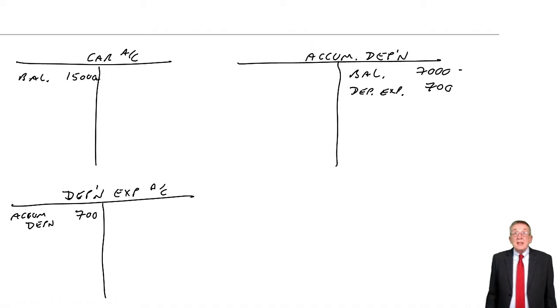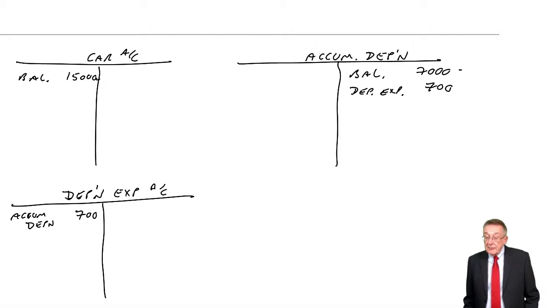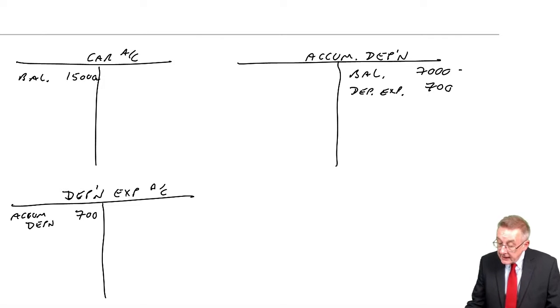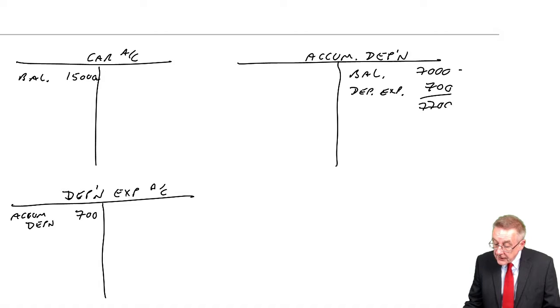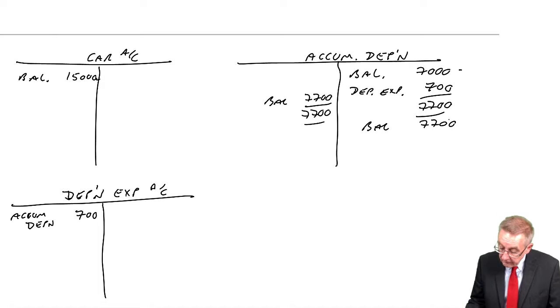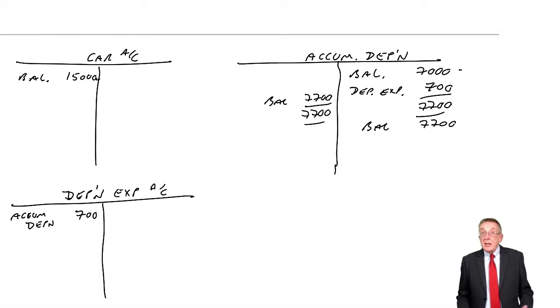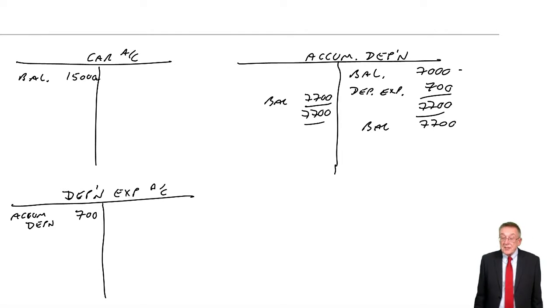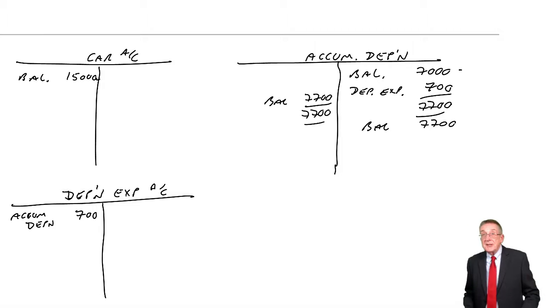Credit the accumulated 700 to reduce the value, debit the expense. And although we've not come to the end of the year, just to hopefully make things obvious, the accumulated balance has gone up to 7,700. And so although we're not going to do a statement of financial position, because we're not at the end of the year, we have got the car as being worth 15 less 7.7.